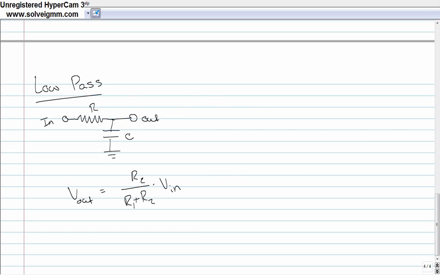The capacitor has this quality to it called reactance, and it goes something like this. Xc, that's the reactance of a capacitor, is equal to 1 over 2 pi f C. Sorry, I don't want that to look like the cutoff frequency Fc.